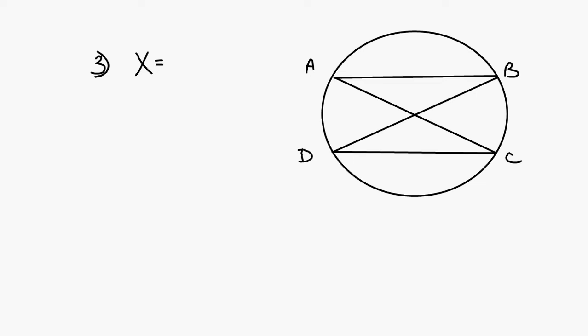Alright, you're told that angle A is 3x minus 5. You're told that angle D is 2x plus 15. You've got this 47 degree angle right here.